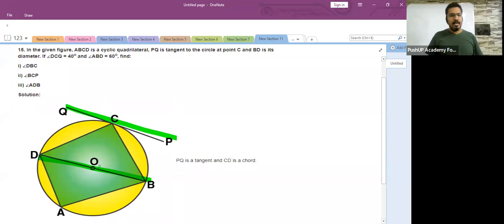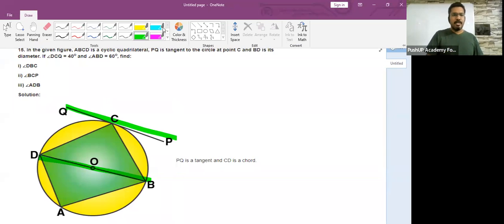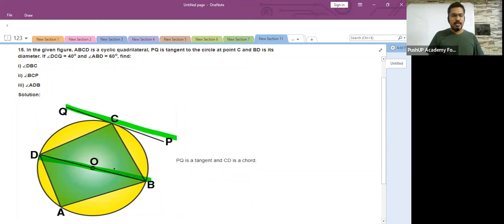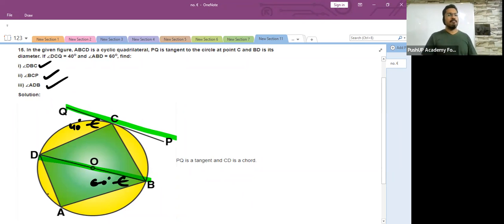Then they have given you angle DCQ. Angle DCQ is equal to 40 degrees. Then angle ABD is equal to 60 degrees. Then find angle DBC, BCP, and ADB. Done? I'll come to your place.